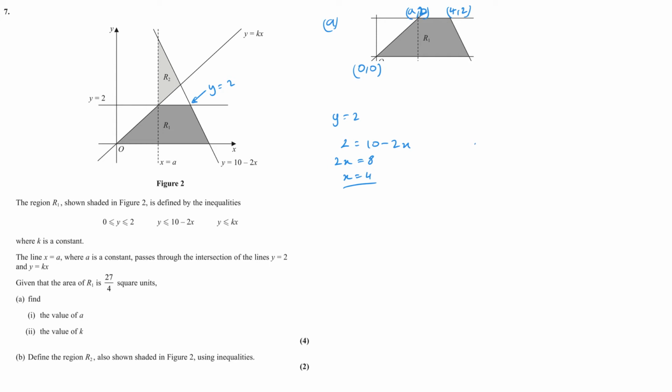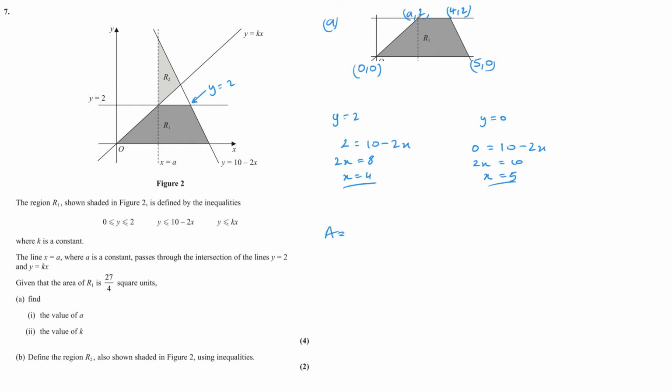And then when y equals 0, 0 equals 10 minus 2x. 2x equals 10, x equals 5. So this is 5, 0. So our coordinates are: A, 2 and 4, 2 at the top, and 0, 0 and 5, 0 at the bottom.